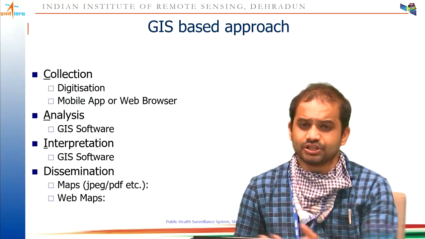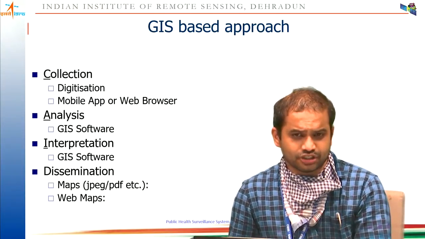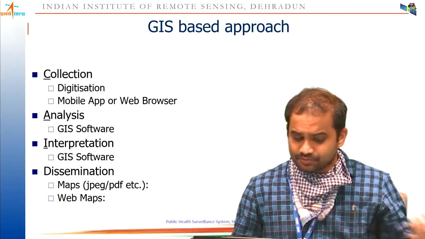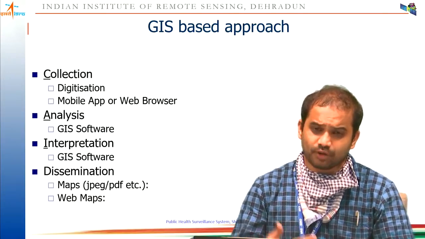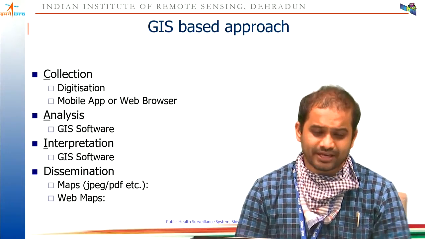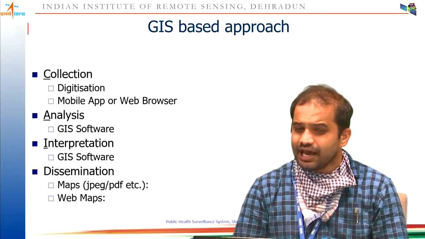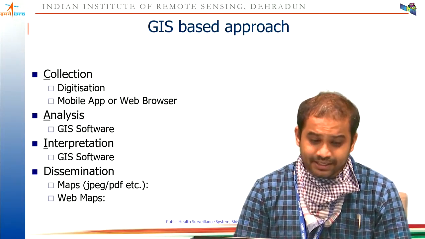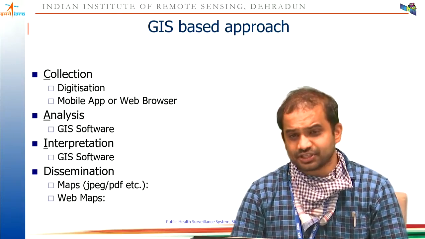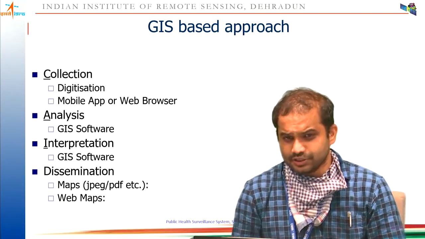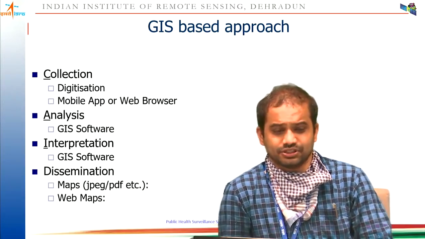Then with the help of the domain experts, the epidemiologists, all sitting together, if they can see and analyze the combined results from different domains, then you can interpret the actual cause of this anomaly. Finally, you need to disseminate this information to the field worker and to upper and lower management so that they can take some decision.